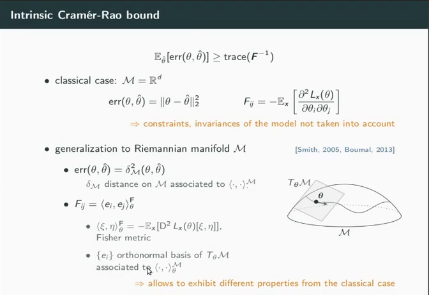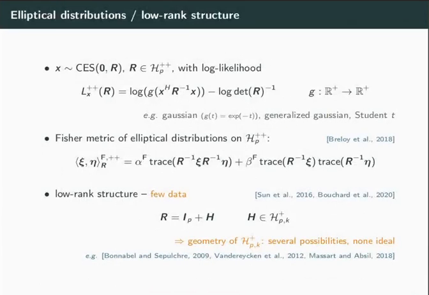And one thing that is quite interesting is that this bound allows to exhibit some different properties, for instance, for covariance matrices and so on. Okay, so now in this work, we are interested in elliptical distributions and in low-rank structured covariance matrices. So in that case, the data X are parameterized by some covariance matrix R, which is in the set of positive definite matrices.